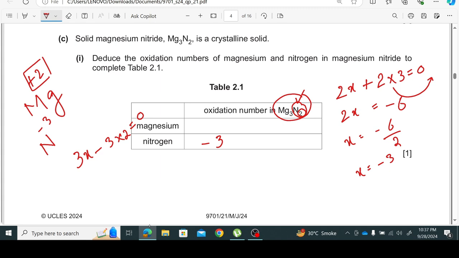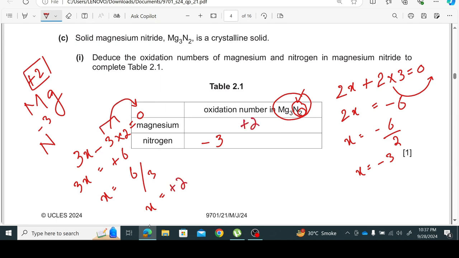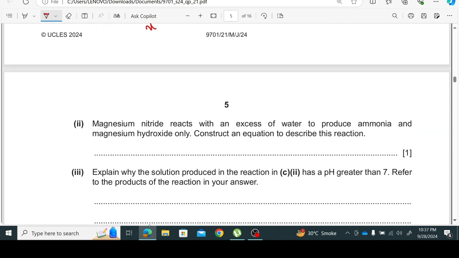So 3x will become equal to 3 multiplied by 2, 6, negative 6, but when it moves there it will become positive 6. So now your x will be 6 divided by 3 and your x will be positive 2. It means magnesium charge is positive 2. Very simple. I hope you understand this question.